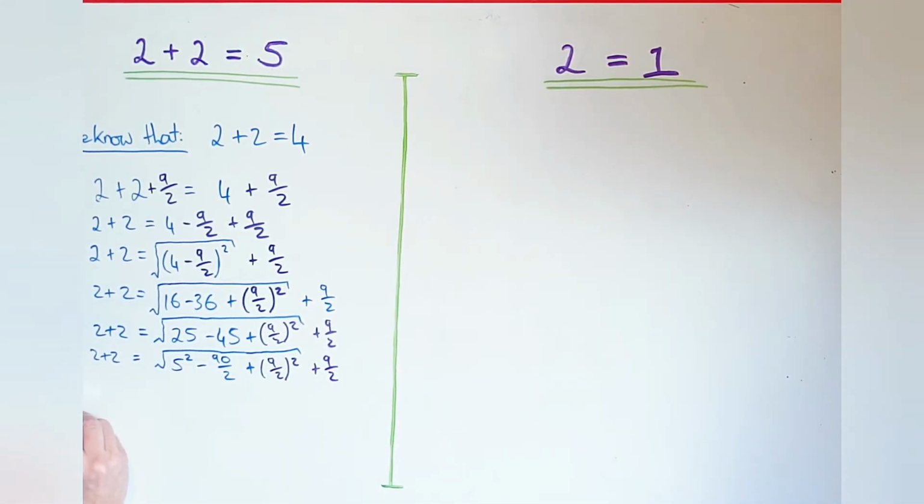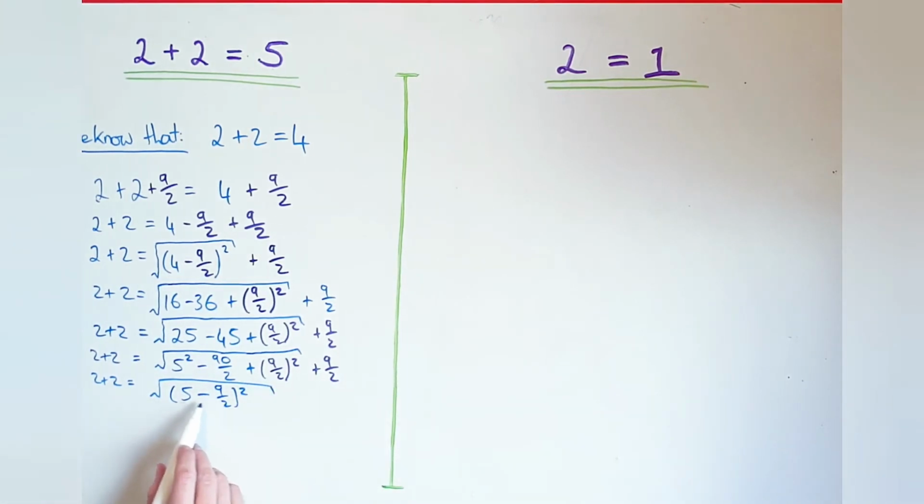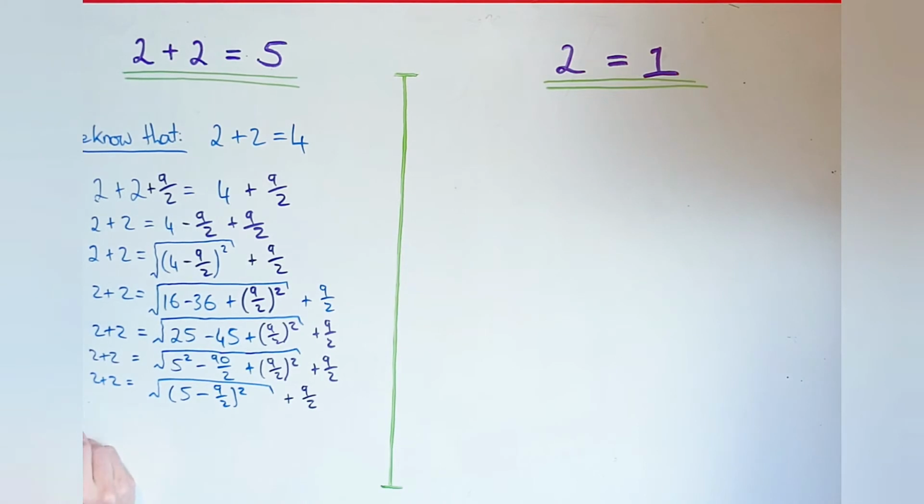But what you notice now is this here is an expansion of the following: 5 minus 9 over 2, squared. So if you squared this expression, you would get this value. So they're equal. And once again, we have our 9 over 2 on the outside. Now, this is where it gets interesting.